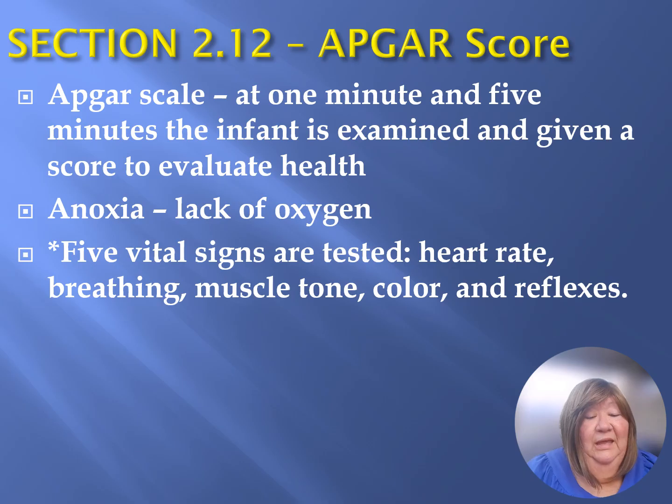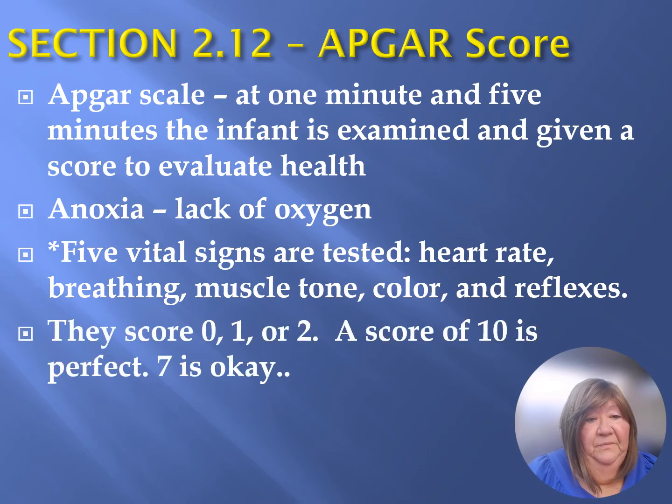They test heart rate, breathing, muscle tone, color, and reflexes. On each thing, they score 0, 1, or 2. A score of 10 is perfect, 7 means they're okay, and if it's less than that, then they need to go through and see what medical intervention the baby needs.